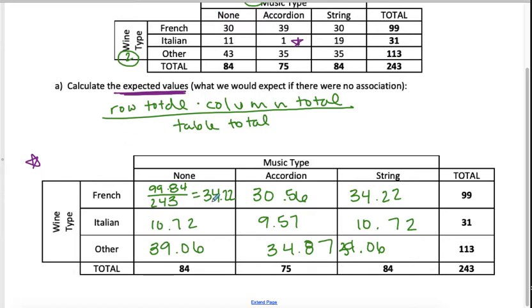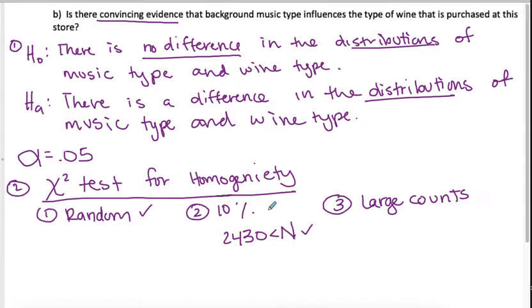That's not what we're looking at. We're looking here. None of my values are below 5. I expect at least 5 in every category. So we would say all expected counts are greater than or equal to 5. So that meets our condition.